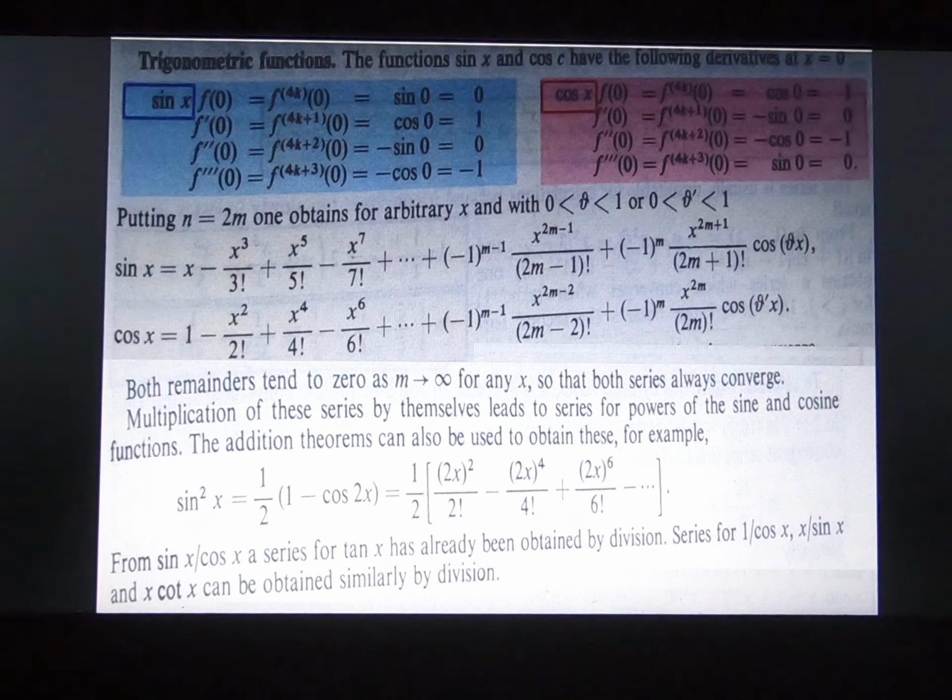So basically, you can just modify both and do some manipulation and get other Taylor expansions.